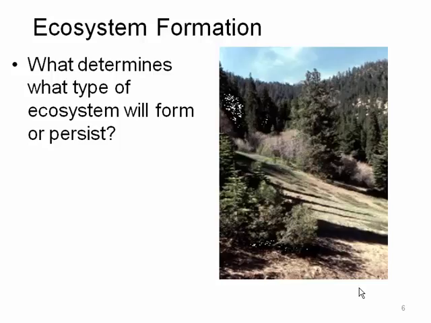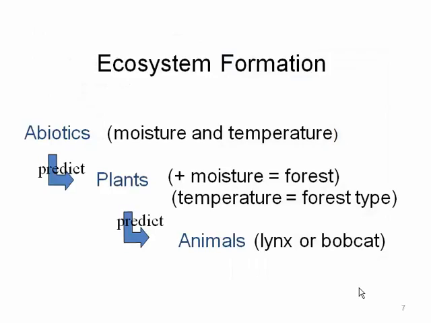It's the combination of its physical environment coupled with the location that will determine what sort of biological system develops. So ecosystem formation is a function of the abiotic environment, and typically moisture and temperature. So the amount of rainfall that provides moisture to the land surface and the temperature characteristics will predict what sort of plant regime you get.